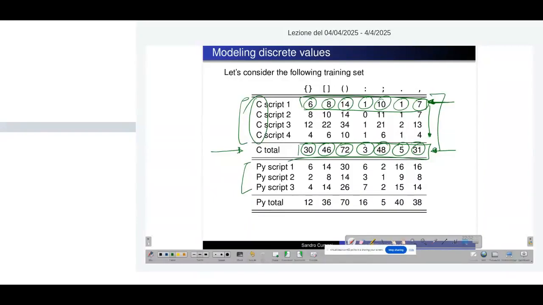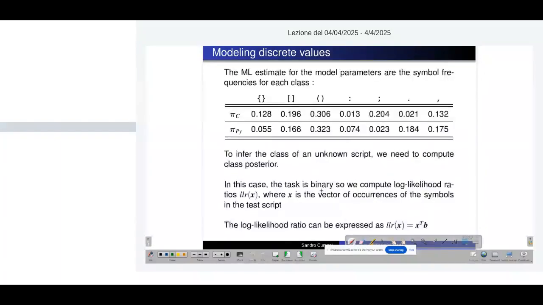So for the moment, we know that for inference, we need to compute the total number of occurrences of each token in the documents, so we do that. We do the same for Python scripts. These are the occurrences of each word, of each symbol inside C scripts and inside Python scripts.